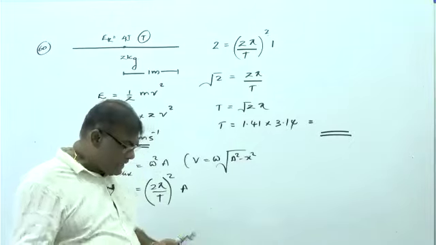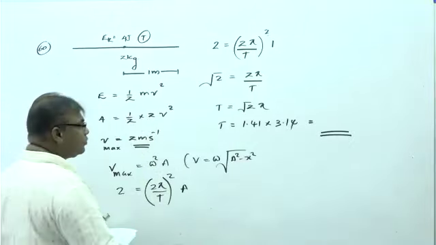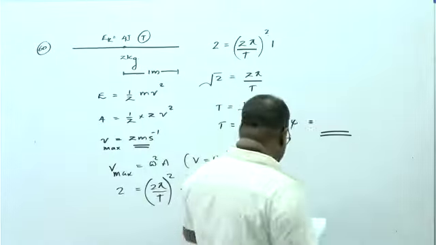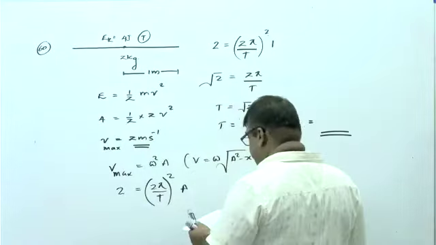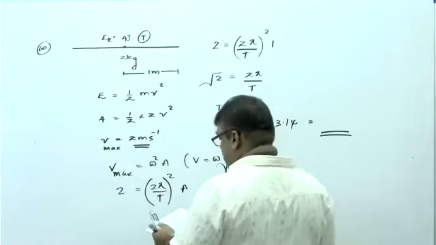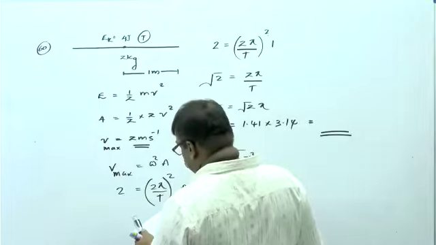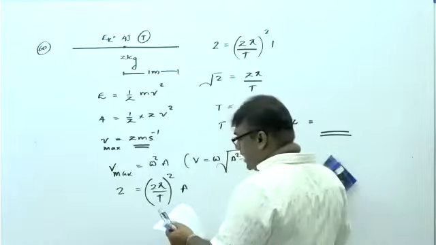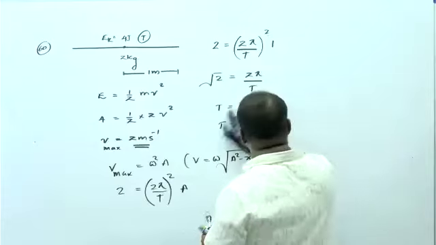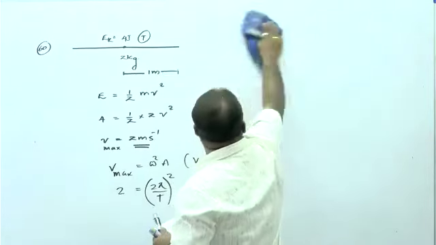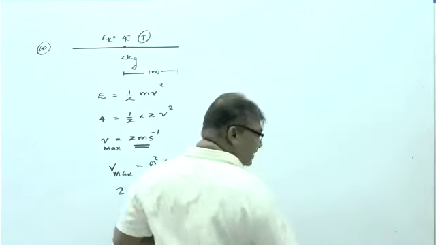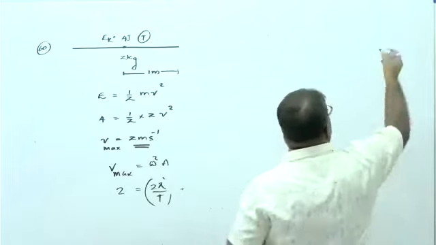Okay, number 61. Two simple pendulums of length 1 meter and 16 meter are in phase at the mean position at a certain instant of time. In phase means same phase at a certain time.